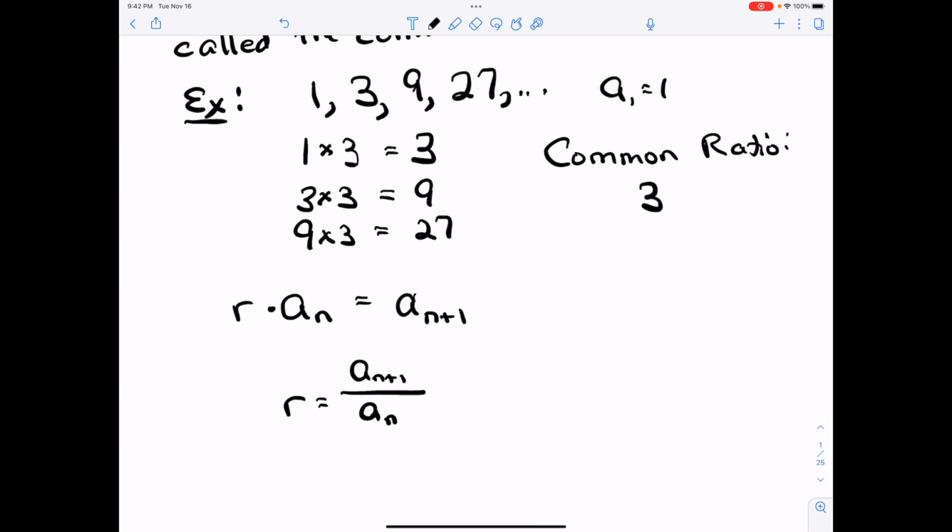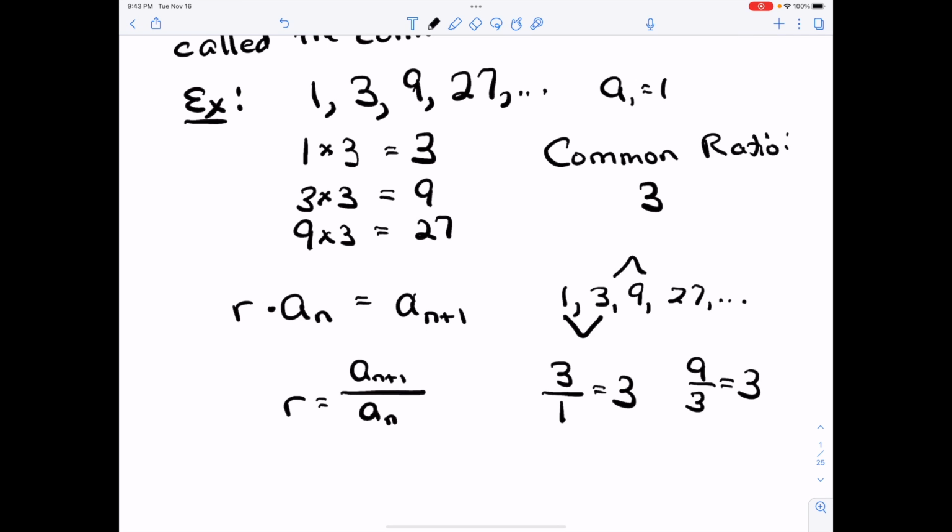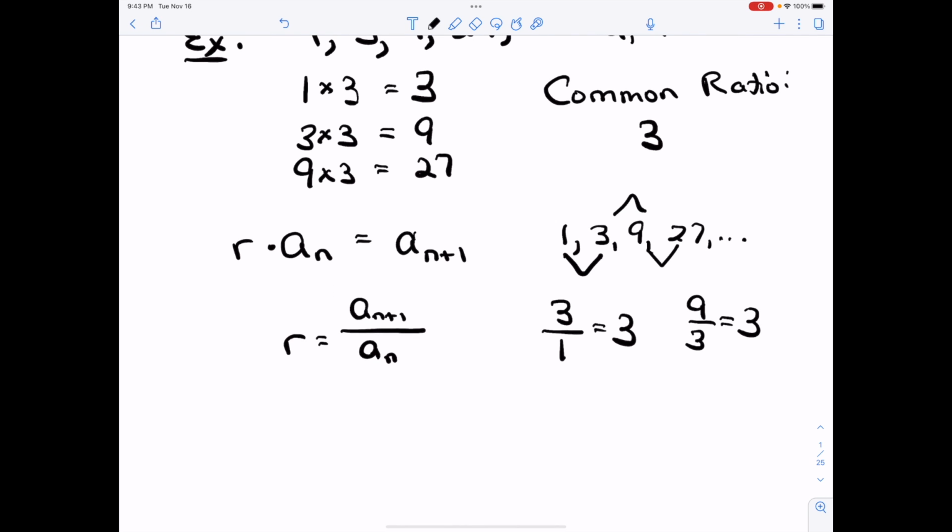If you wanted to find your common ratio, from this sequence, 1, 3, 9, 27, etc., you could take two consecutive terms and divide the one on the right by the one on the left, and that'll give you the common ratio. Like with 3 and 9, you could do 9 divided by 3. That gives you 3. Or you could do 27 divided by 9. That gives you 3. So that's what that definition is basically saying. You could take any term after the first and divide it by the preceding term, and that would be your common ratio.